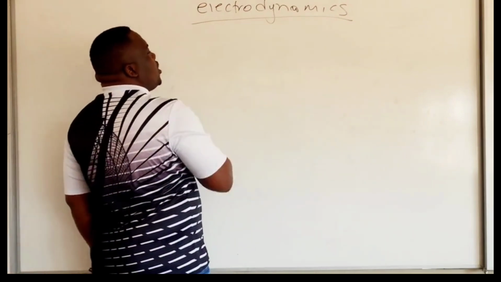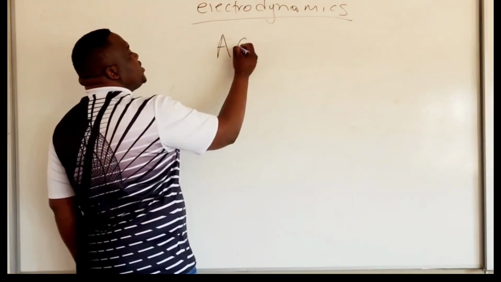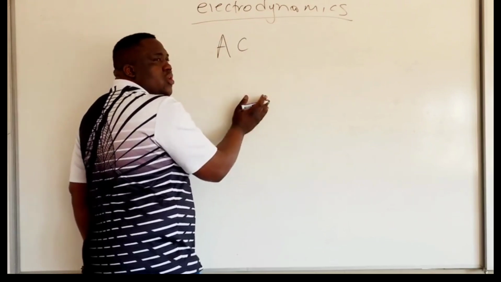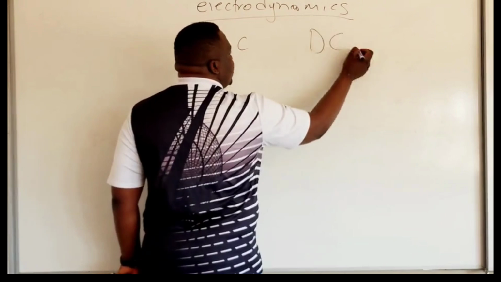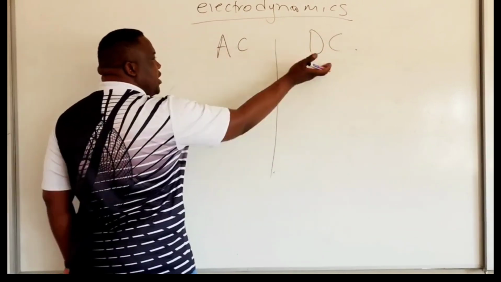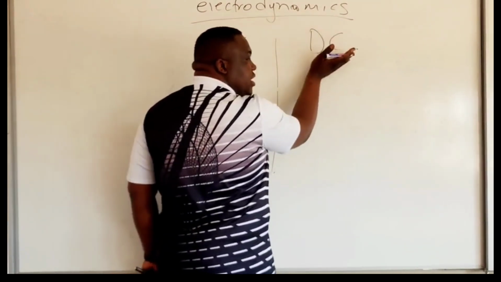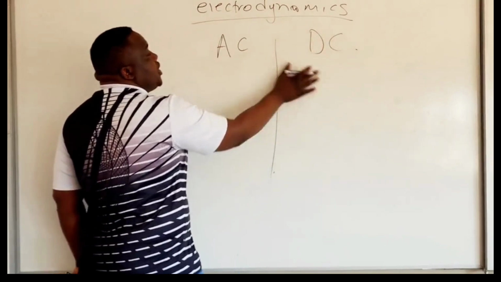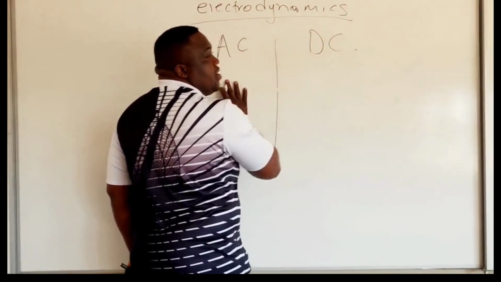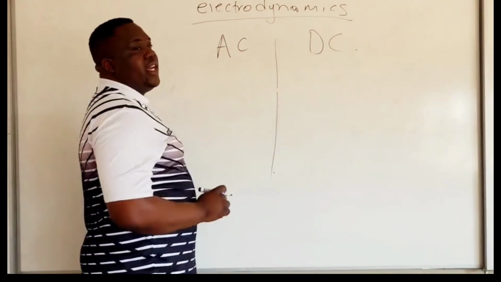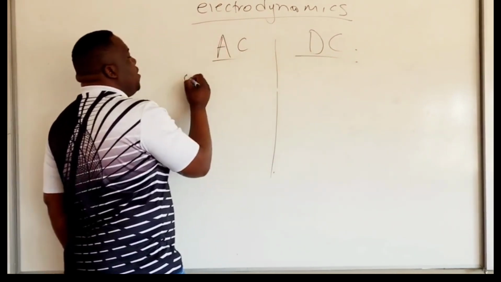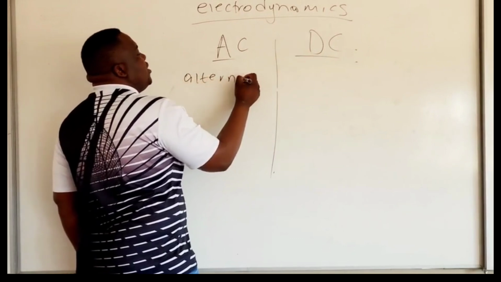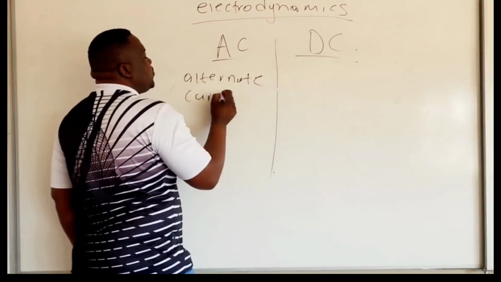There is what we call an AC motor or AC generator, and a DC motor or DC generator. You need to know that you may have AC and DC for both a motor and a generator. It is very important. AC stands for alternating current.